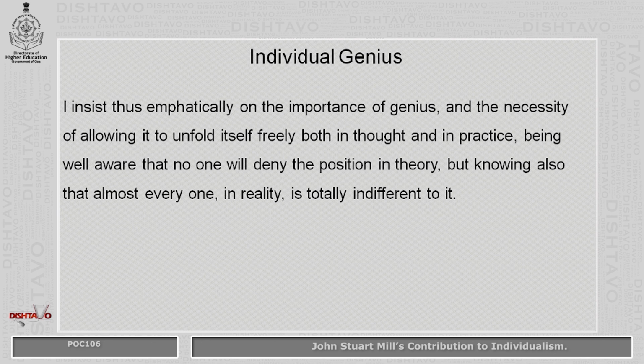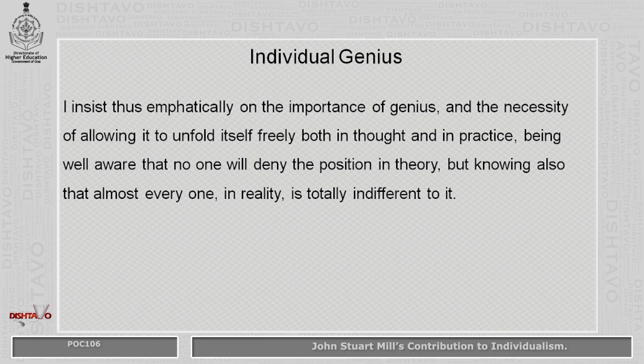So these are some features of J.S. Mill's individualism, which are very important in understanding J.S. Mill's contribution to individualism. This individualism is also very important in terms of understanding government, democracy, human rights, and gender.